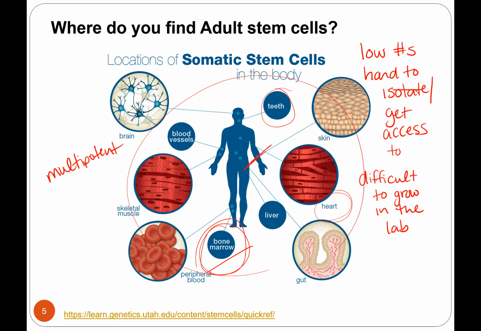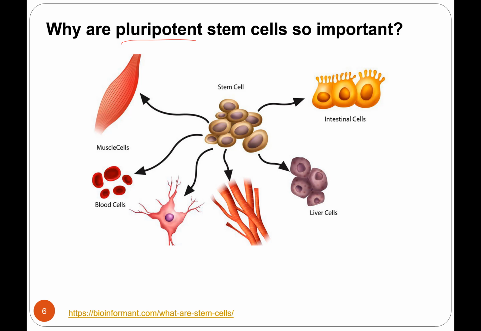And so it's hard to reprogram these adult stem cells where pluripotent don't have these epigenetic marks, and so they are ready to get signals from the environment, become this kind of cell, become this kind of cell, become this kind of cell.